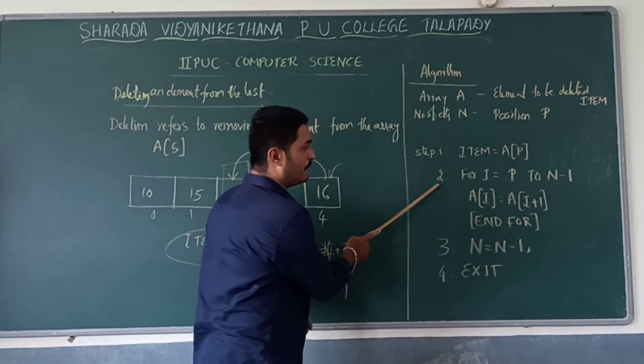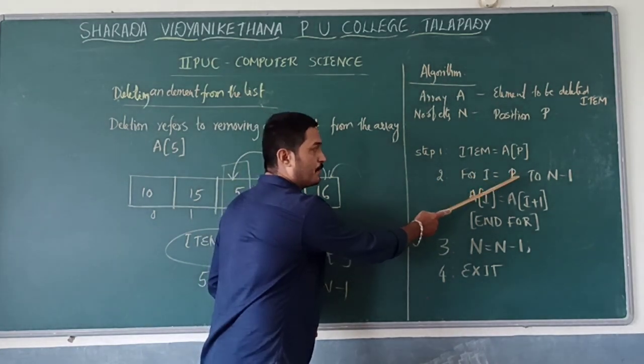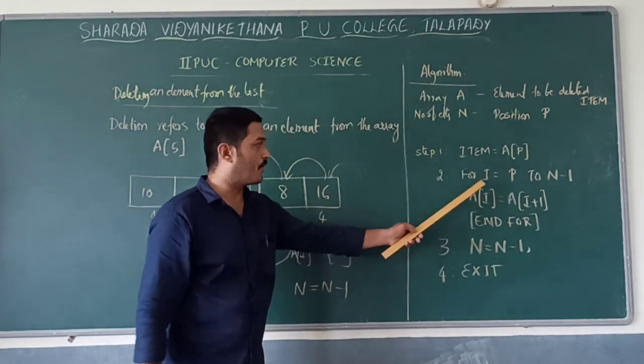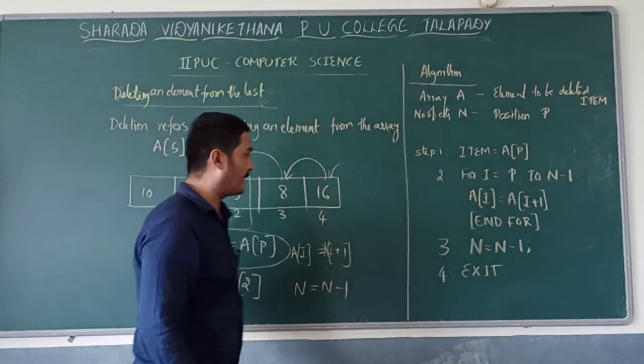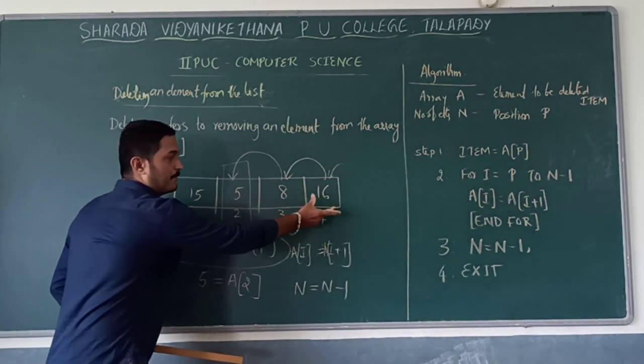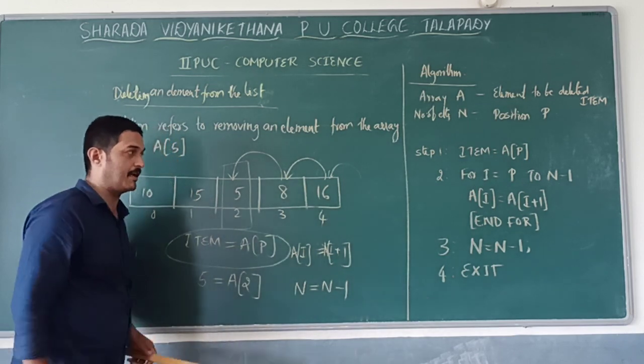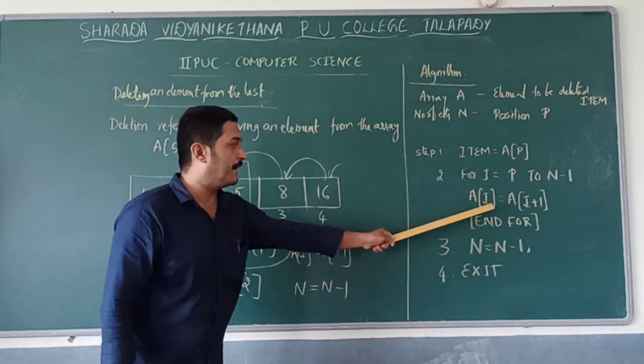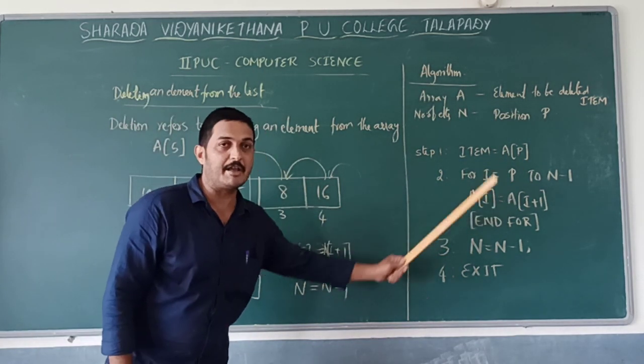Next, step 2: for I equal to P to n minus 1, where n minus 1 means the last location, A of I equal to A of I plus 1.